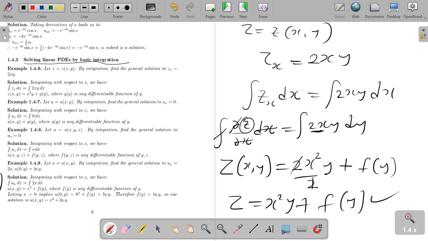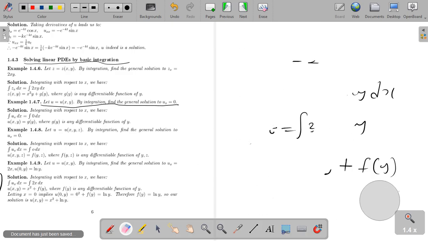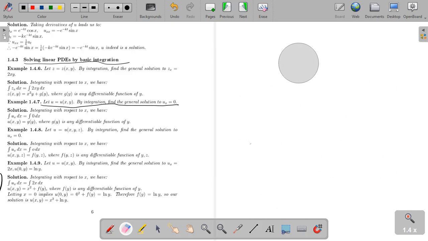So let's solve this particular one. These are very, very simple. They gave us that u x is equal to 0, and this is simply saying partial u partial x is equal to 0.